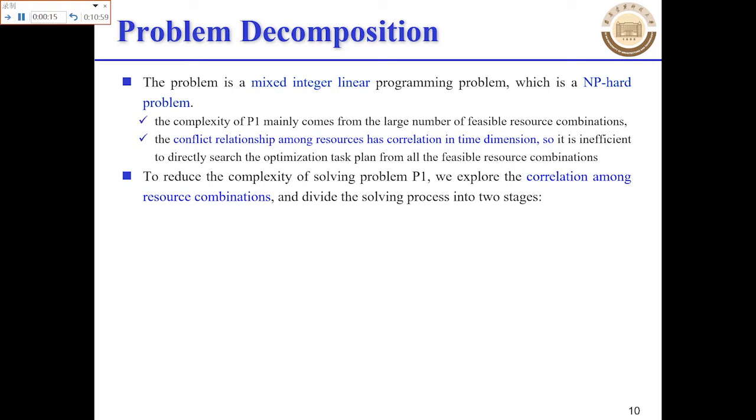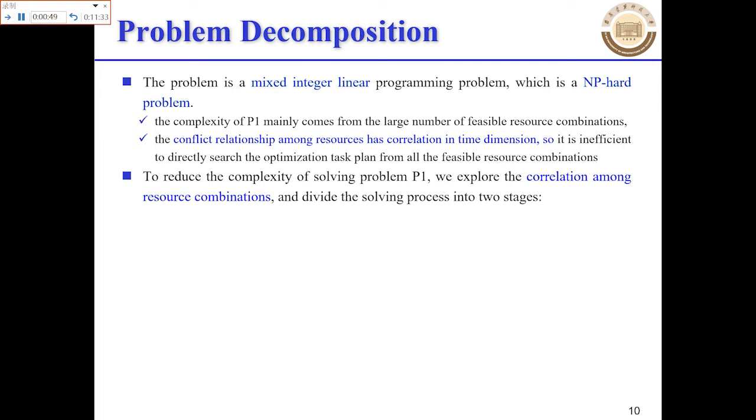Moreover, we can find that the complexity of solving P1 mainly comes from the large number of feasible resource combinations. Furthermore, the conflict relationship among resources has correlation in the time dimension, so it is inefficient to directly search the optimal task plan from all the feasible resource combinations.